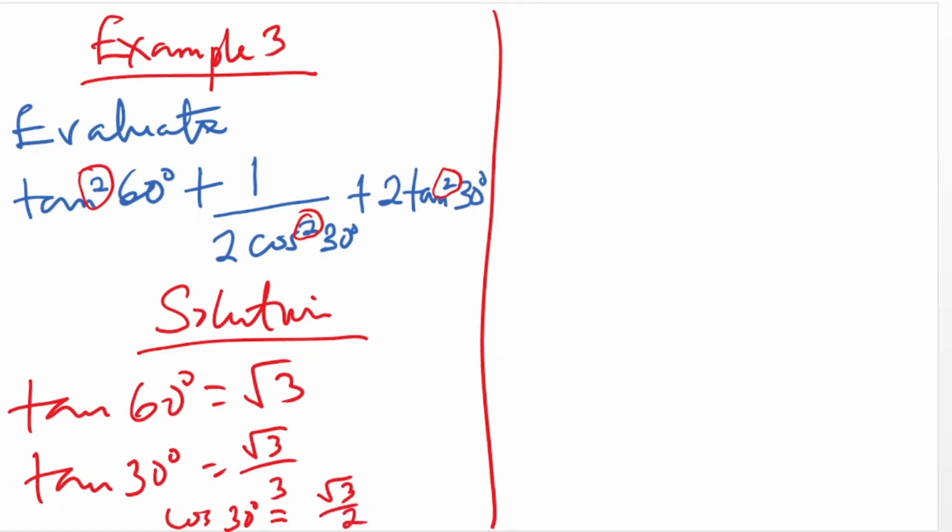So let's now put the values here. The first one is tan square 60 degrees. Tan 60 degrees is root 3, so that will be root 3 squared, plus 1, all over 2 multiplied by cos square 30 degrees. Cos square 30 degrees will be root 3 over 2 squared.